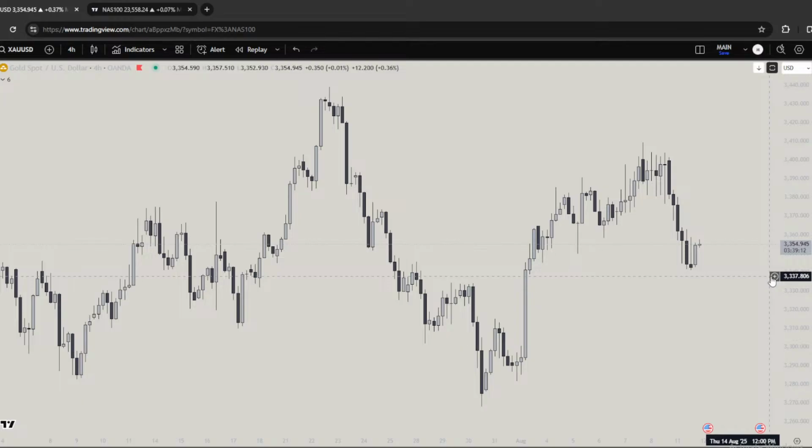So that's what I'm looking at. Three trades currently.